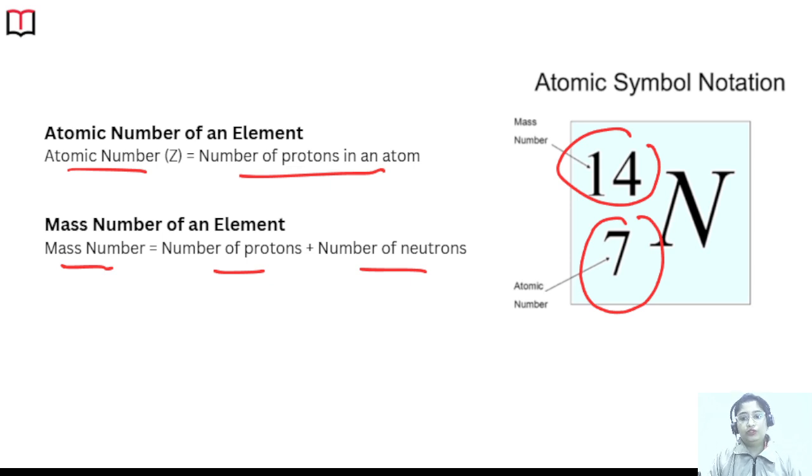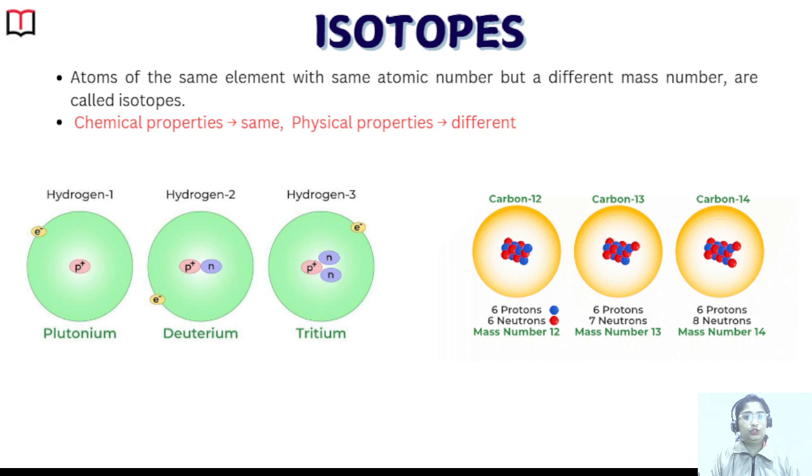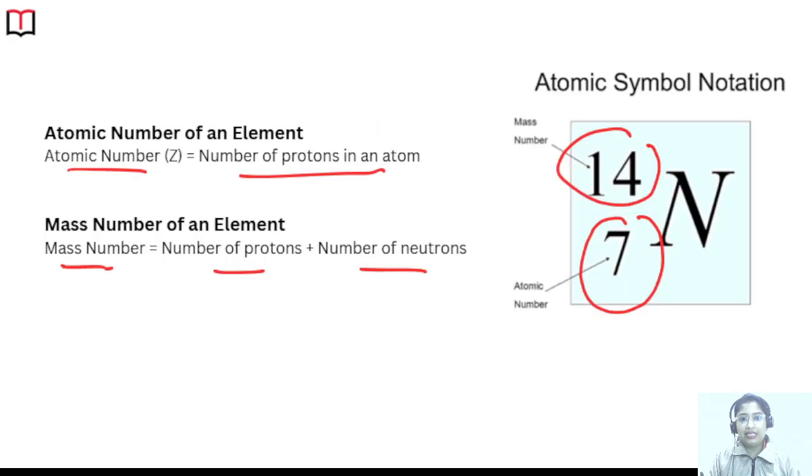Let's move on to the next topic, that is isotopes. So what are isotopes basically? Suppose I have hydrogen, you have hydrogen, and your brother has also hydrogen. What do you think, are all the hydrogen going to have the same mass, same chemical properties?